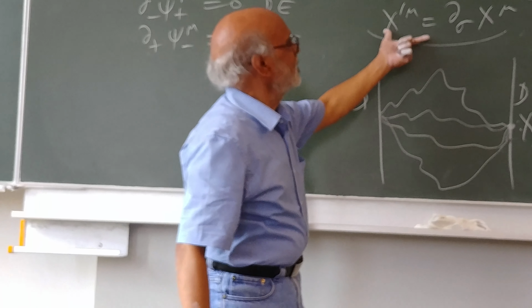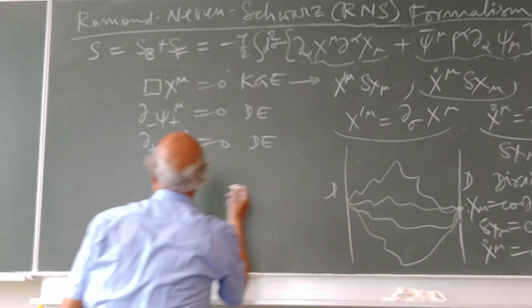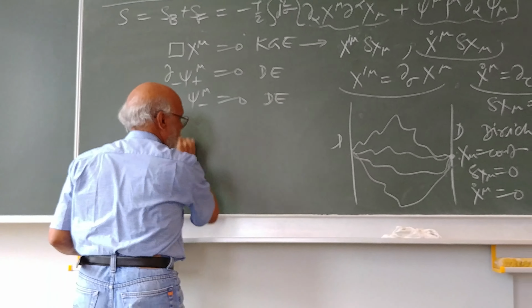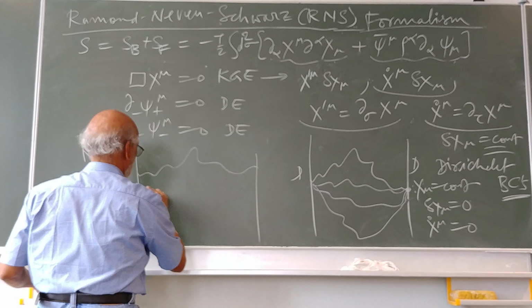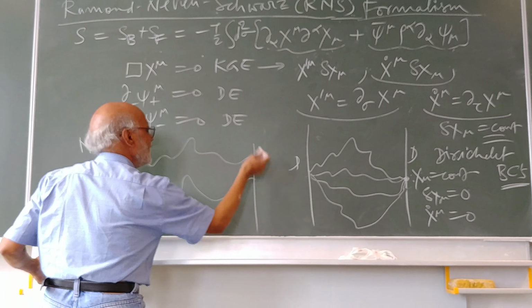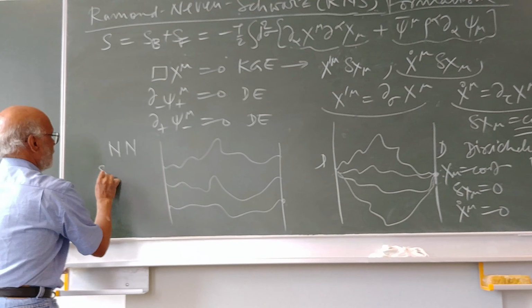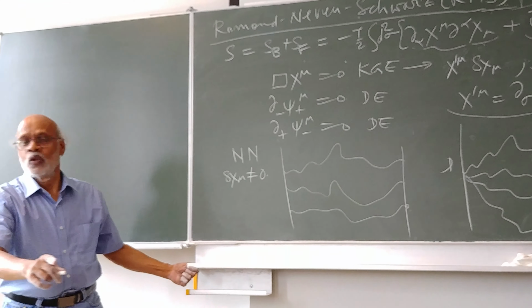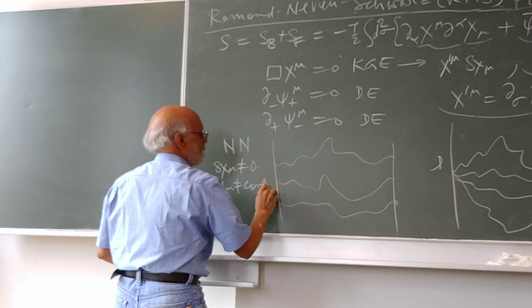And how to make this thing vanish? We impose x prime, any arbitrary. So what happens here? Delta x mu is not 0, so x mu is not constant.